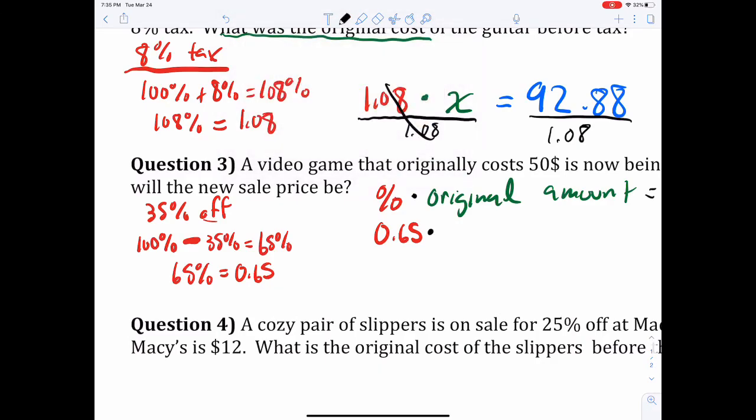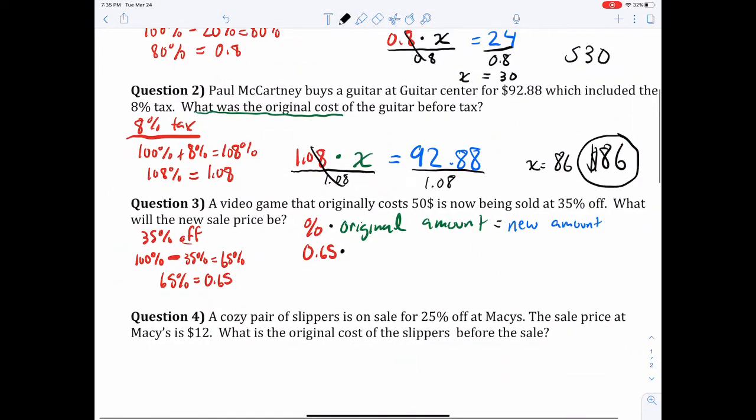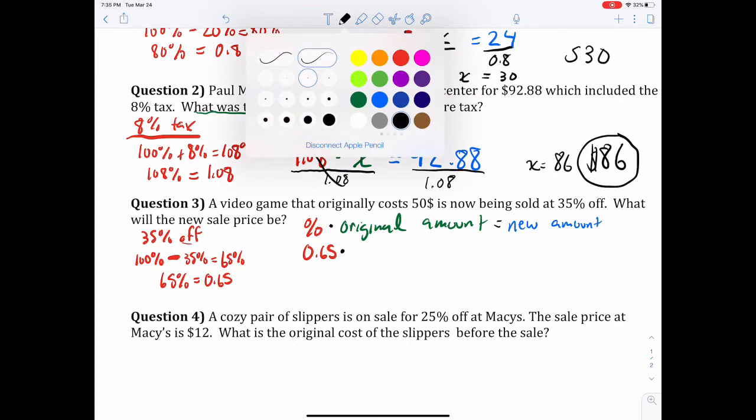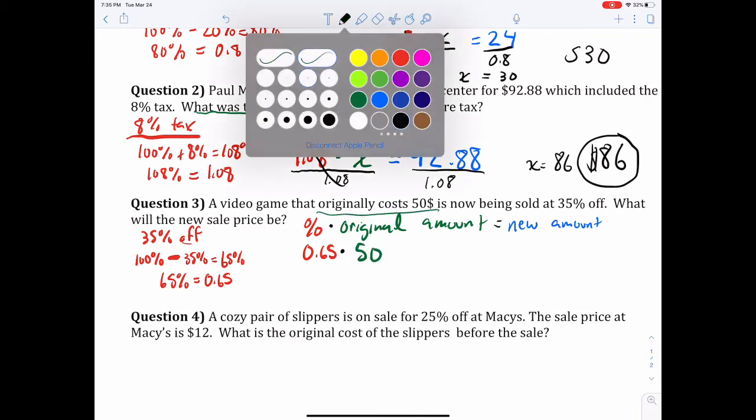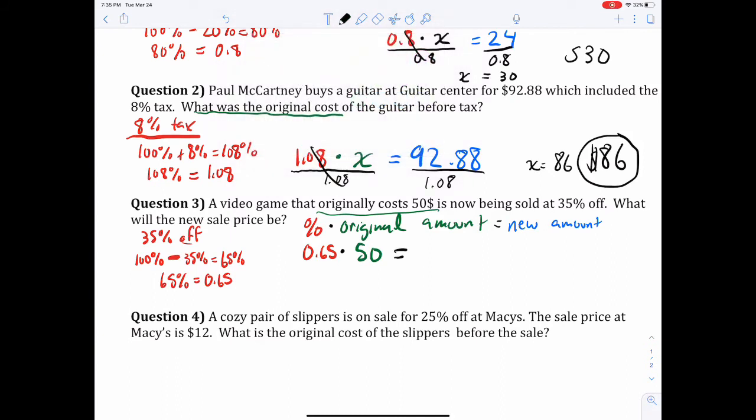Times the original amount. Now, lucky for us, we actually know what the original amount is. It originally cost $50, so we can just plug in 50 for there, and you're back to normal, just like last week. So you can do 0.65 times 50, and whatever you get, think, what is that going to represent?